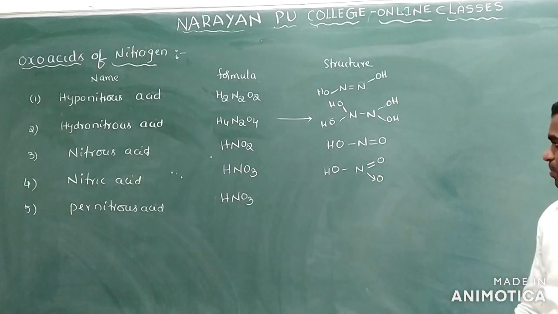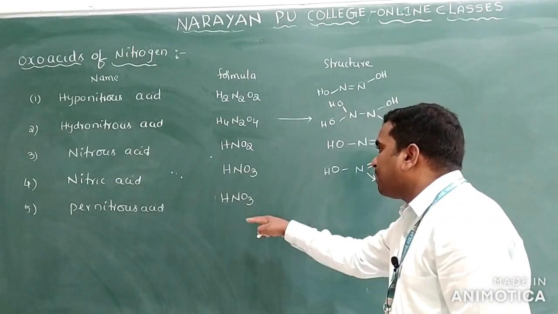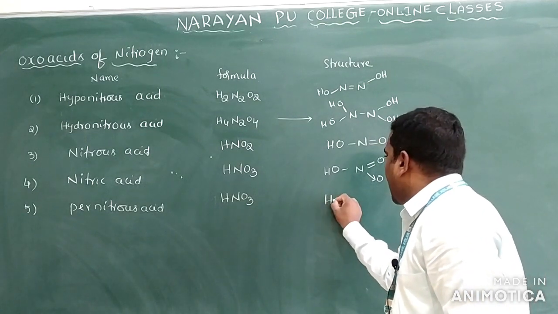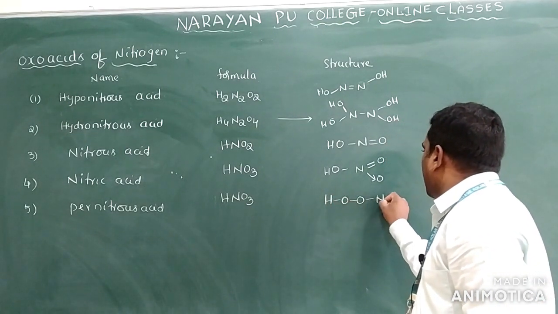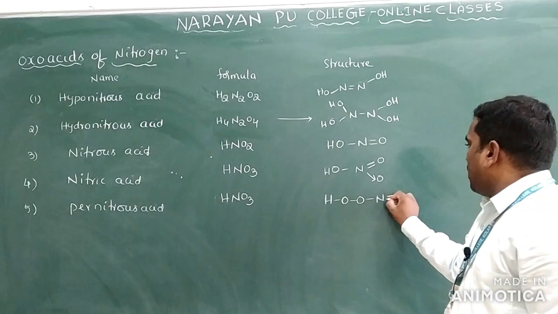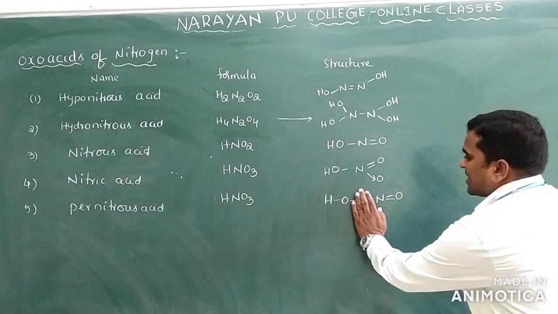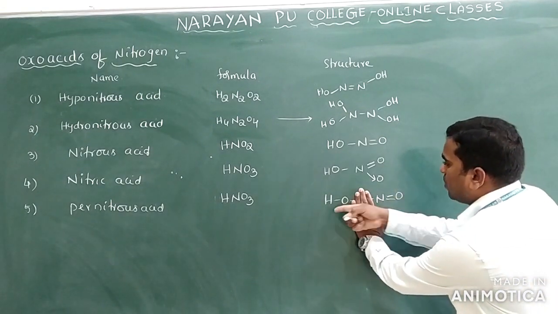This is the structure. And pernitrous acid: HO, and N double bond O. This is pernitrous acid. Nitrous acid is OHNO.